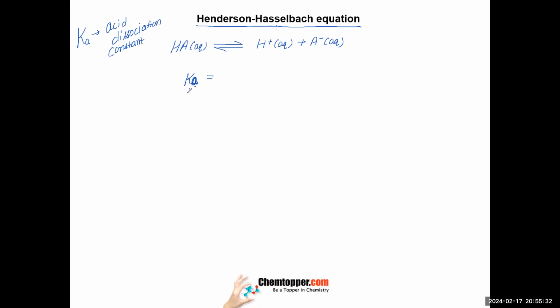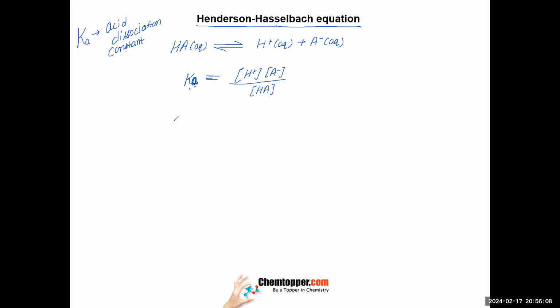What's the expression? Only Sanjana is answering. What about the rest of you? You don't remember this expression? Very good, Sanjana. Ka equals H plus times A minus over HA.